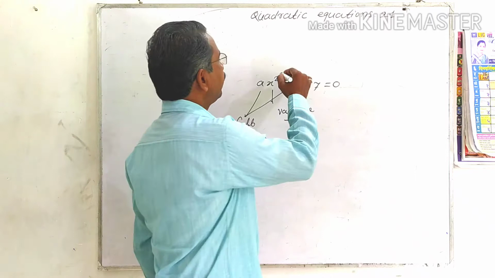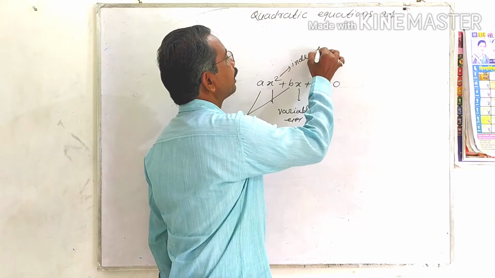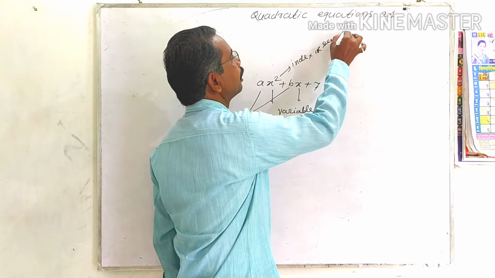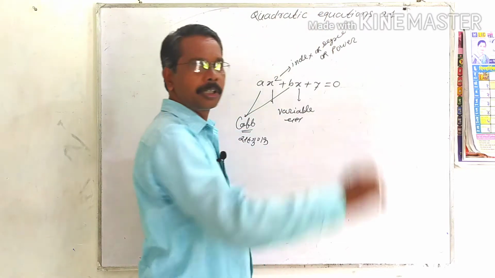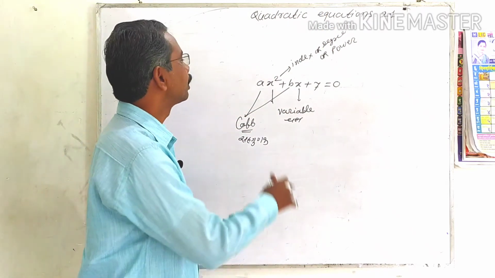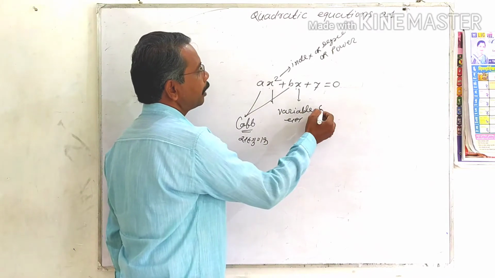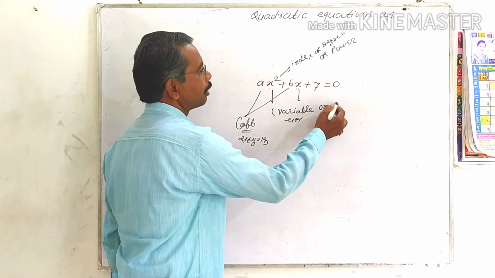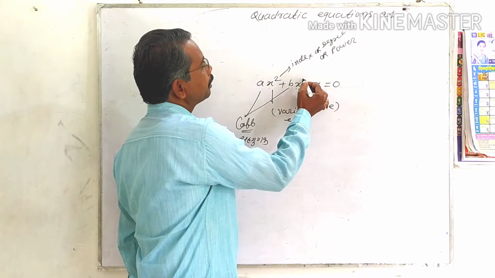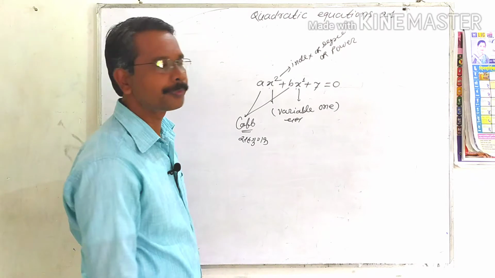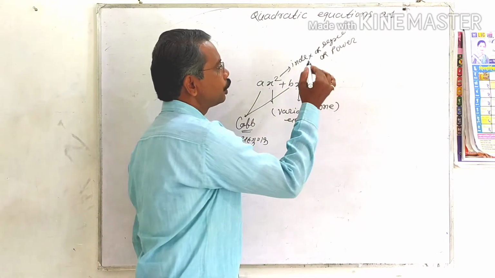Okay, it is the index, or degree, or power. Okay, x is the variable with power 1, and here is no power, means here is 1, or here is no power but here is 0 power.